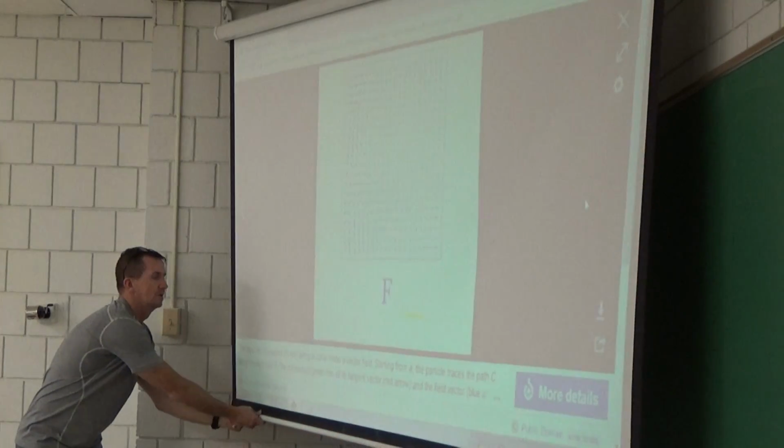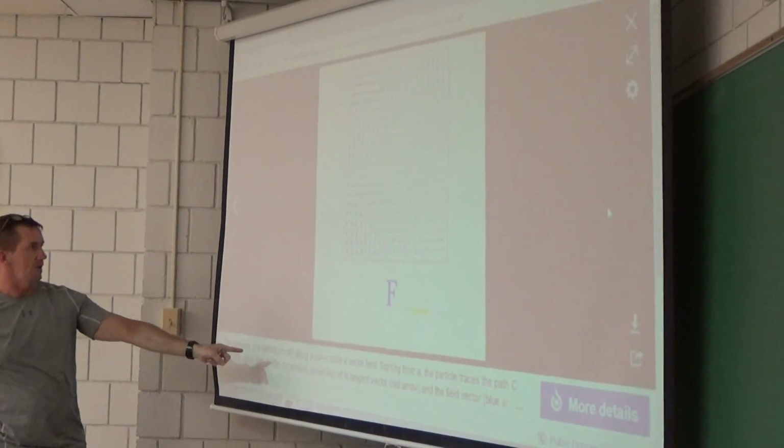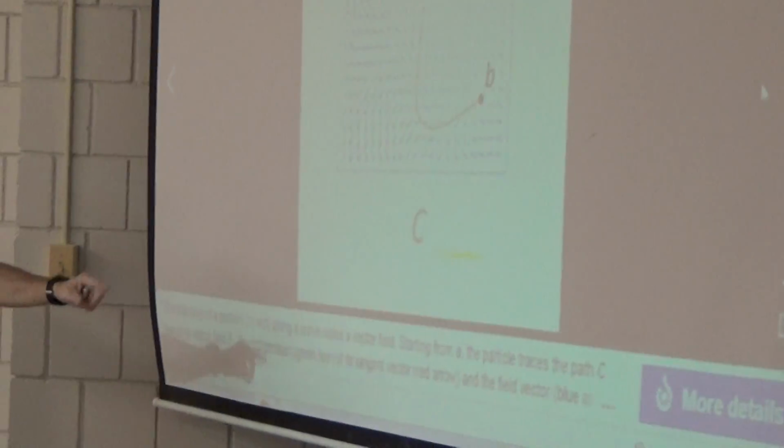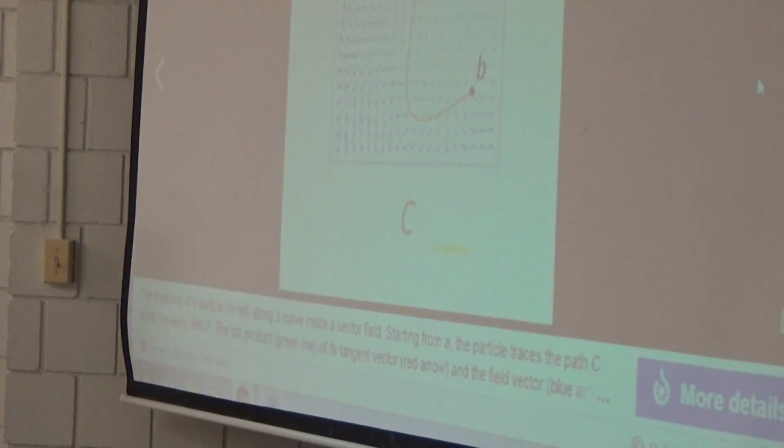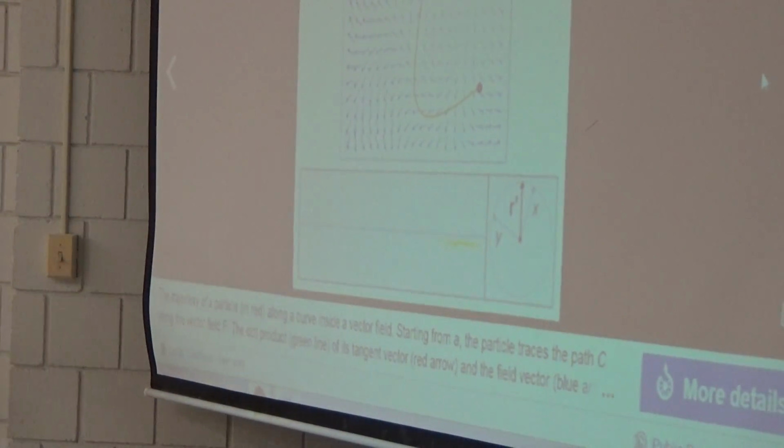And it's fading in. You're going to see a vector field. The vectors are blue, and they write the formula at the bottom. If you want to read this, the trajectory of a particle in red along a curve inside a vector field. Starting from point A, the particle traces the path C along the vector field.